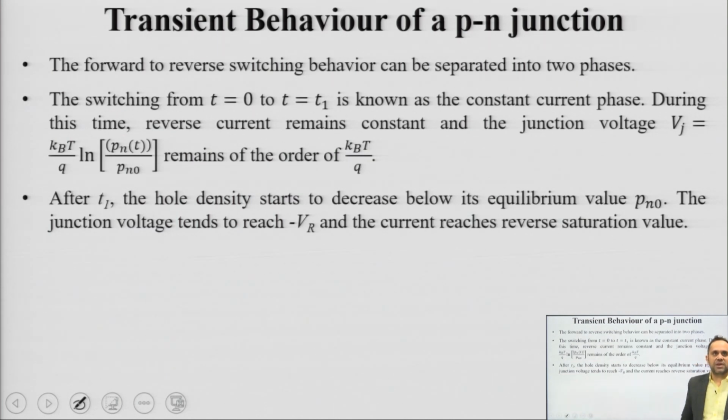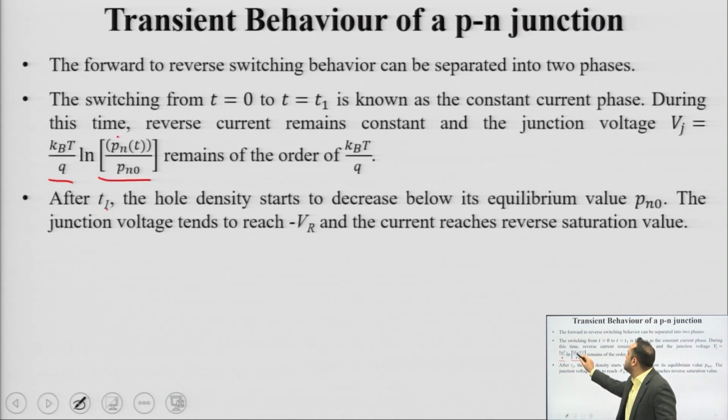Forward to reverse switching behavior, as I have said, can be separated into two phases. Switching from 0 to T1 is the constant current phase. During this time the reverse current IR remains constant, and the junction voltage Vj is given by thermal voltage kT by q, natural log of the hole concentration on the n side as a function of time divided by the equilibrium concentration.